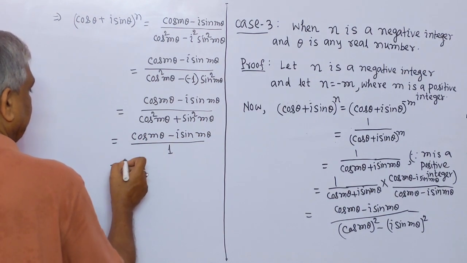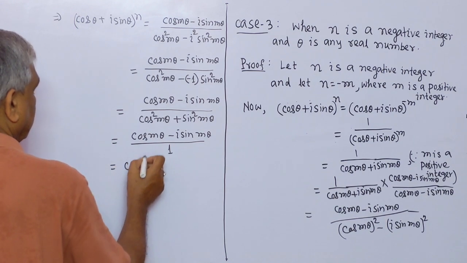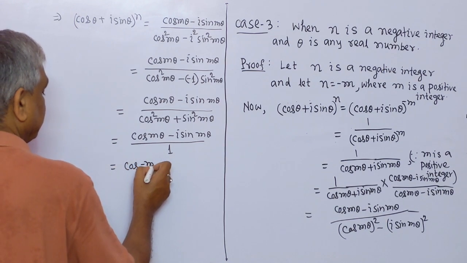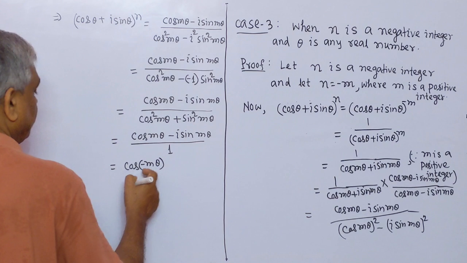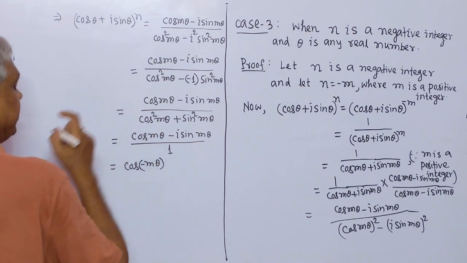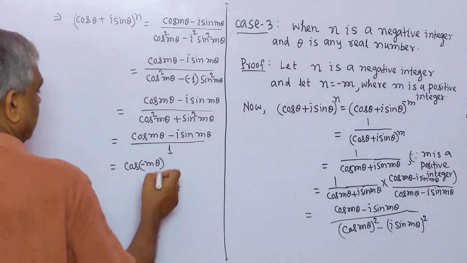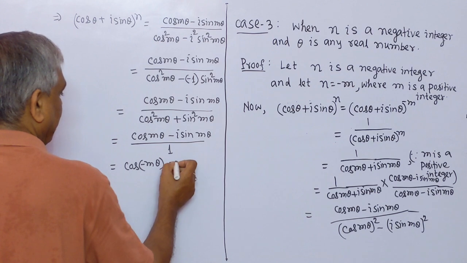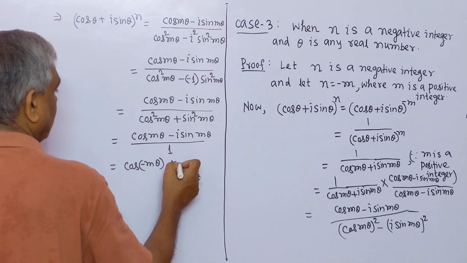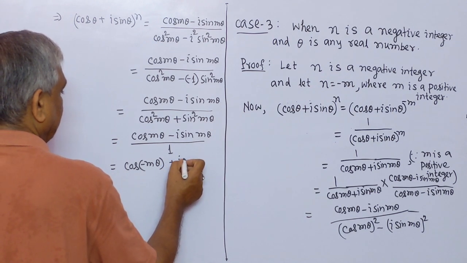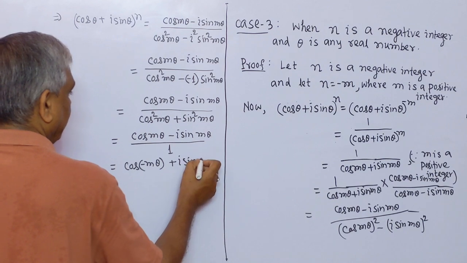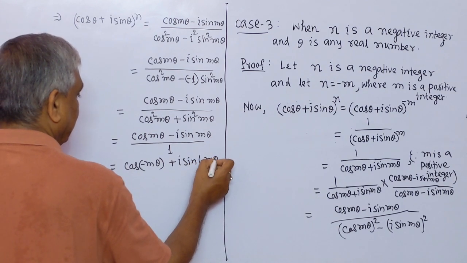We may write this as cos minus m theta. Cos minus m theta means cos m theta. Here we also write plus i sin minus m theta.